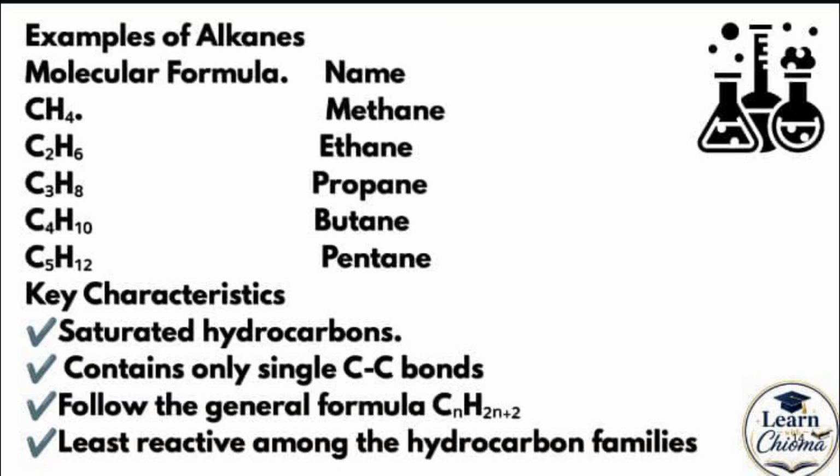For example, when there is one carbon atom, the compound is methane, CH4. Two carbon atoms form ethane, C2H6. Three carbon atoms form propane, C3H8, and the pattern continues. Although alkanes are the least reactive members of the hydrocarbon family, they are among the most important because they are widely used as fuels for cooking, transportation, and electricity generation.